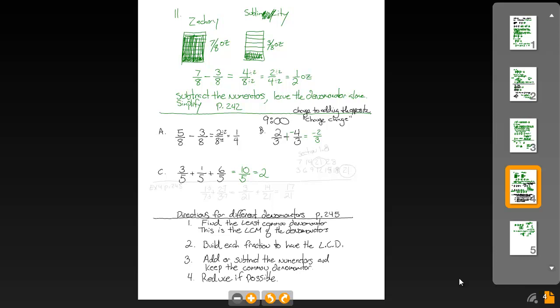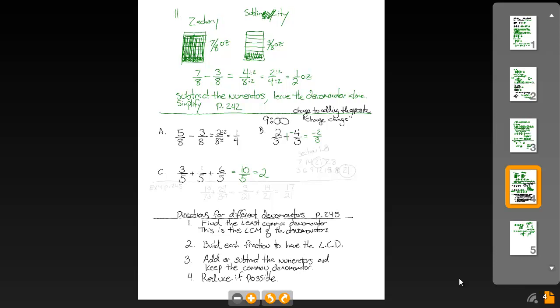That's for these next examples. We're going to be finding LCMs and building fractions all over the place. We find the LCM, we build the fractions, add or subtract the numerators and keep the denominators, as what Anna was asking about. You keep the denominators the same in this chapter, and then you end by reducing.